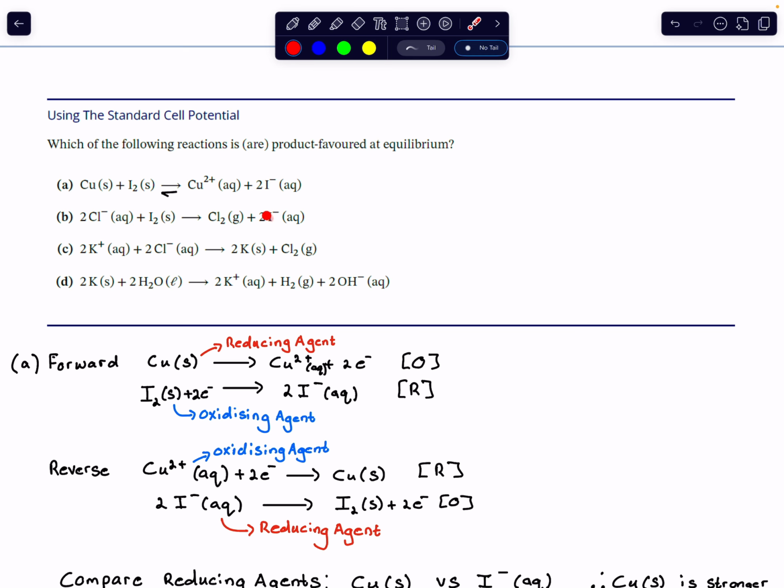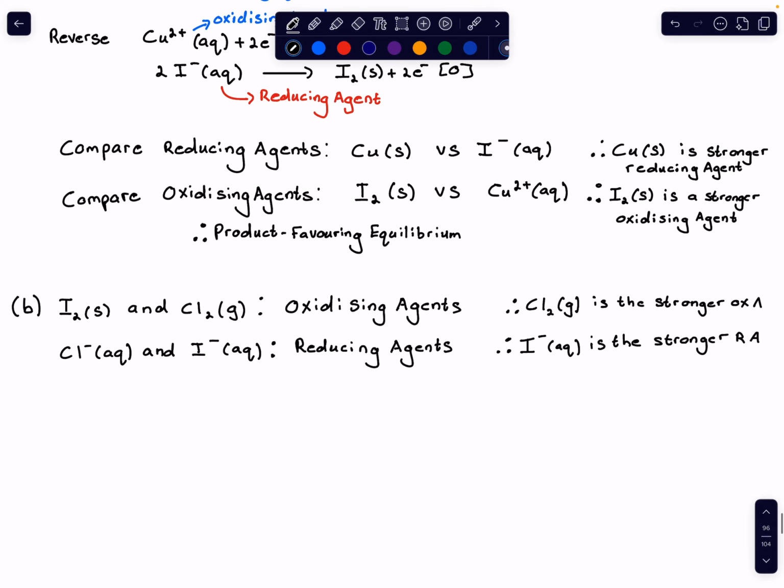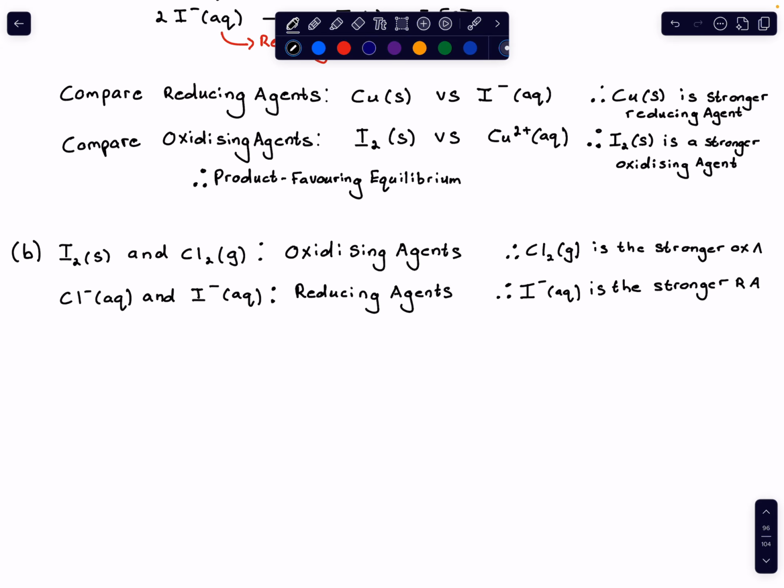So that means that in this equilibrium as it's written, it is the product side that is the stronger side. So in other words, this will actually form a reactant favored equilibrium, right? Because the weaker side of reducing and oxidizing agents is our reactant side. So there is no way that there can be a product favored equilibrium.